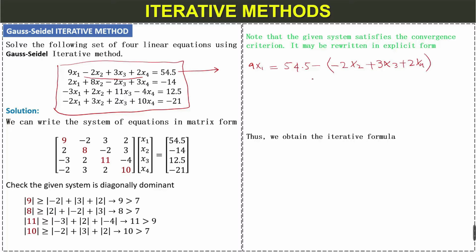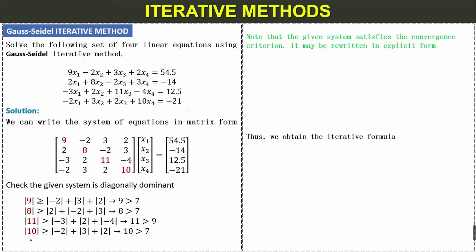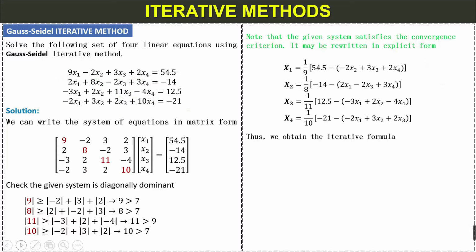In the next step, x1 is equal to this, since 9 is multiplied on the left, it is divided on the right: x1 = (54.5 minus (2x2 plus 3x3 plus 2x4)) divided by 9. This is the explicit form for the first unknown, x1, and similarly for x2, x3 and x4. So we have the explicit form of the system of four linear equations.